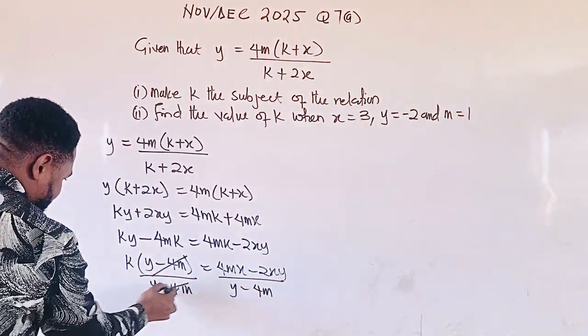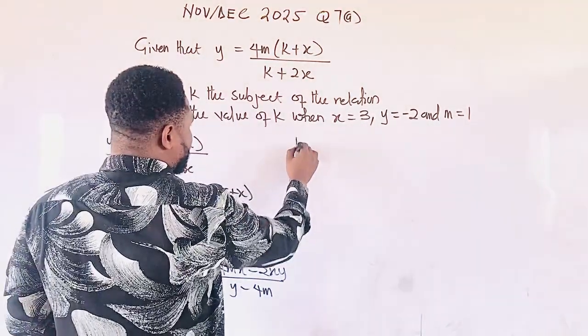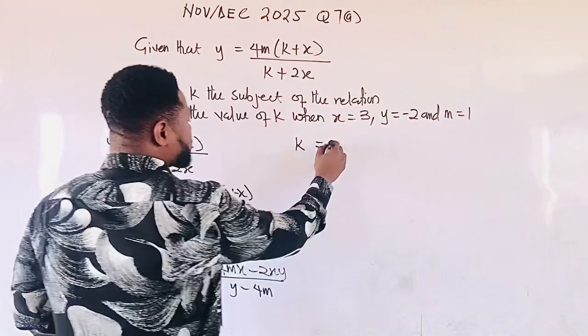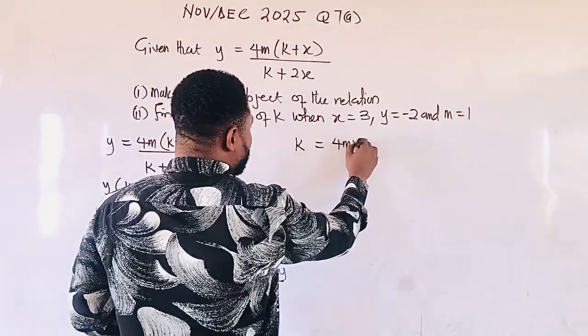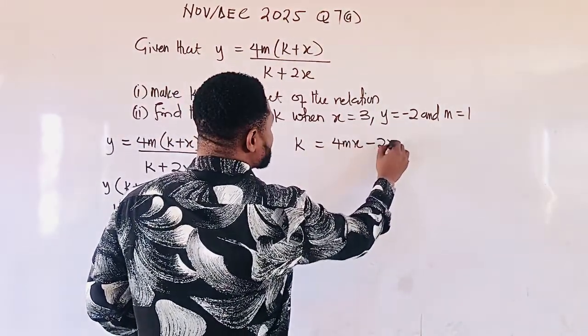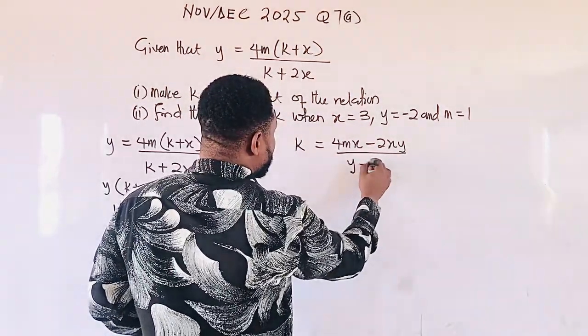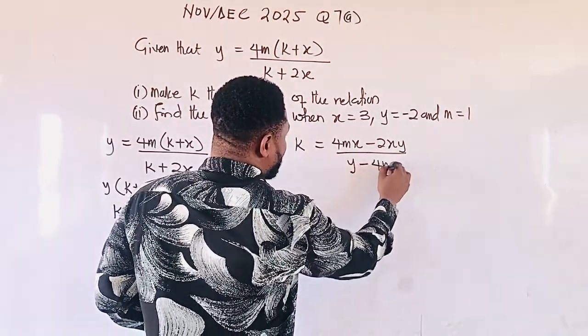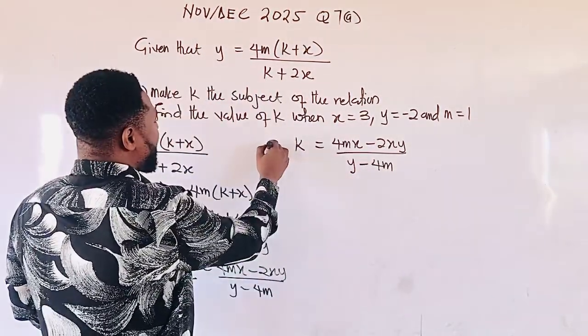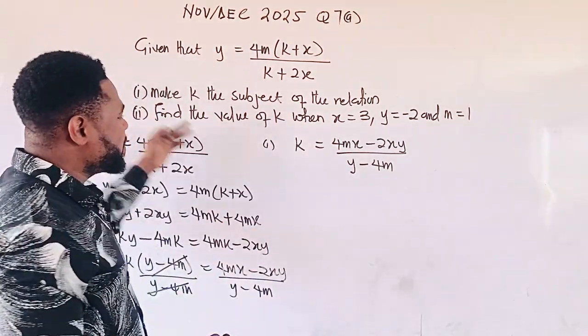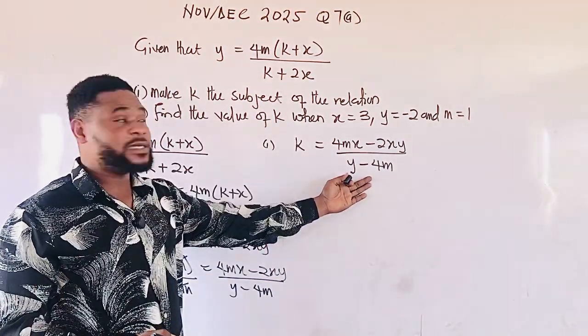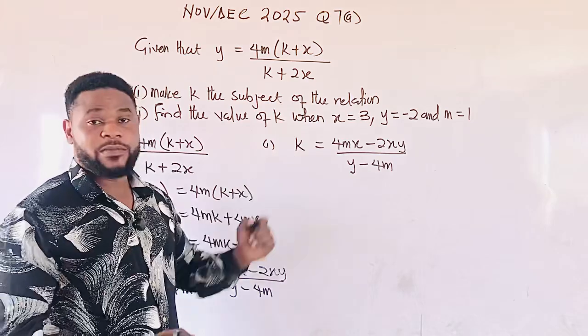And this will cancel this, and our k will be equal to 4mx minus 2xy, all divided by y minus 4m. And this will be our answer for I. So k is the subject of the relation on the board.